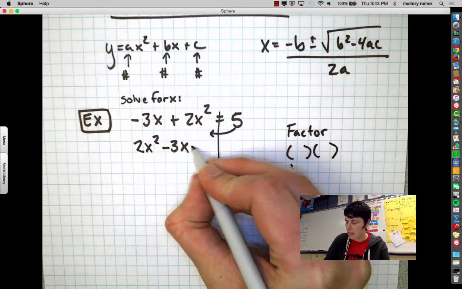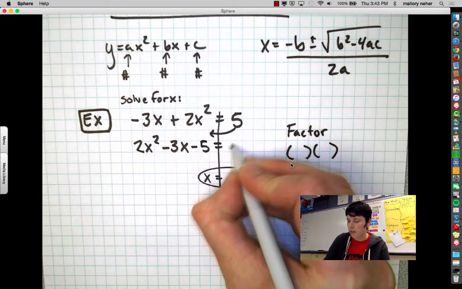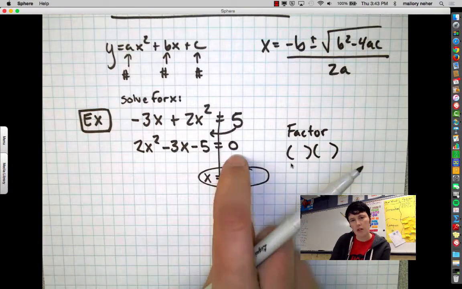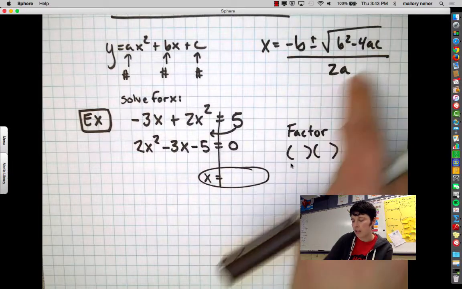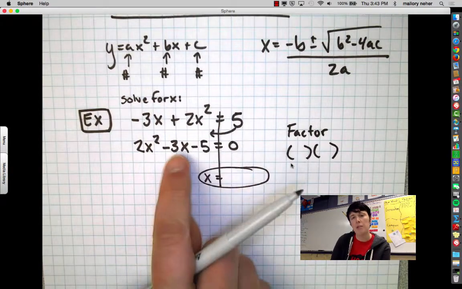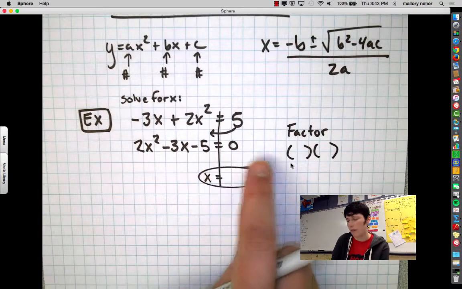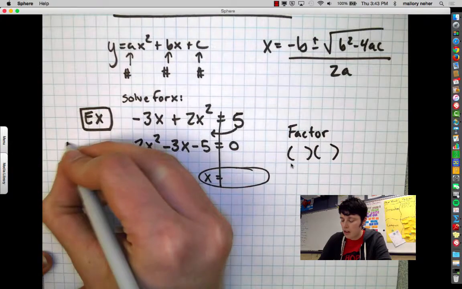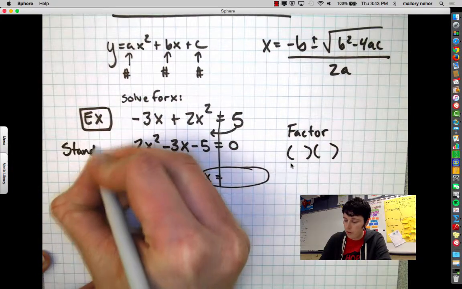It should be over here, minus 5 equals 0. The setup on these is they should be equal to 0. If you're going to use the quadratic formula, this has got to be in the format ax squared plus bx plus c equals 0. So we need to move those around and put it into what we call standard form.